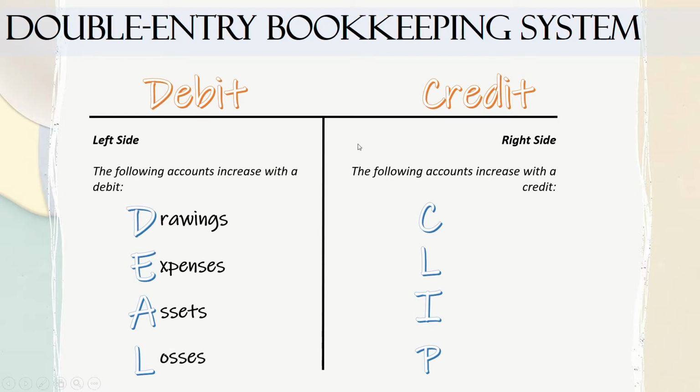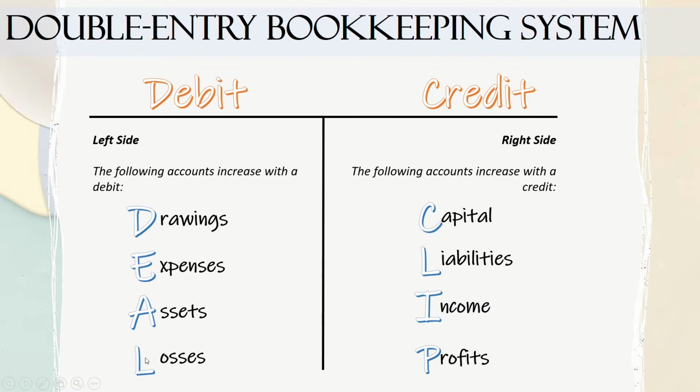On the other hand, CLIP means capital, liabilities, income, and profits. So whenever these accounts are credited, it means that they increase. On the other hand, for DEAL accounts, if there is a debit, it means that they will increase.